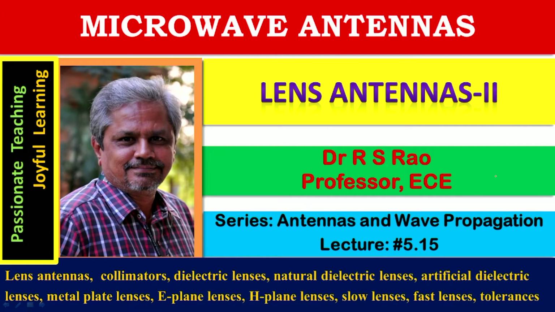One is EPMP lenses, another is HPMP lenses. EPMP stands for E-plane metal plate and HPMP stands for H-plane metal plate. Here E stands for electric vector, H stands for magnetic vector. With this small introduction, now we move to the actual session.